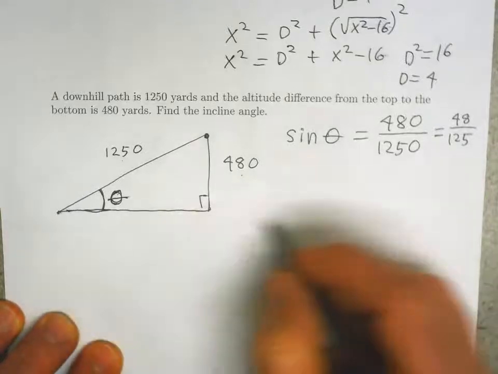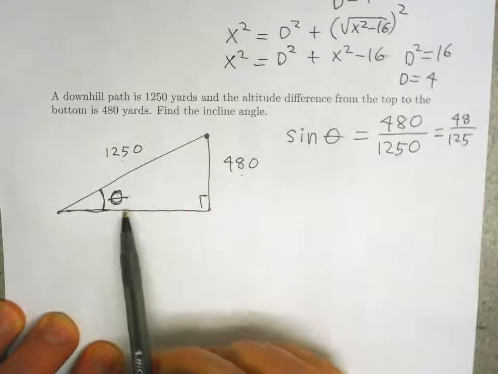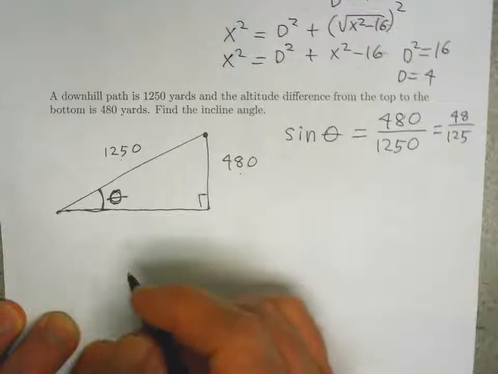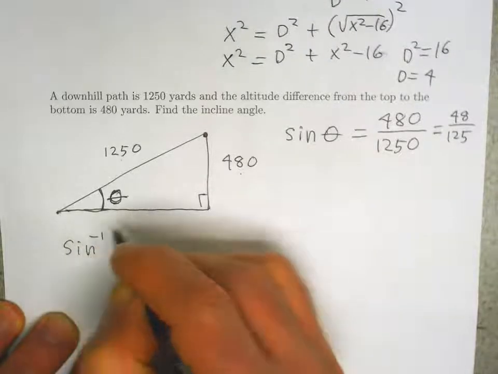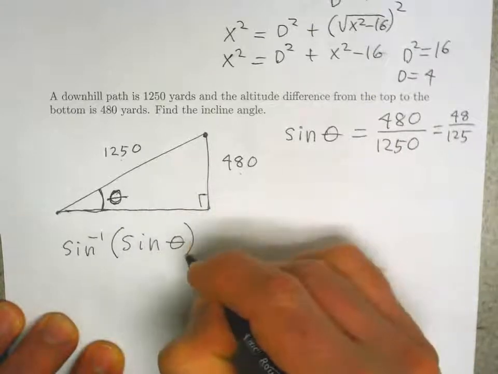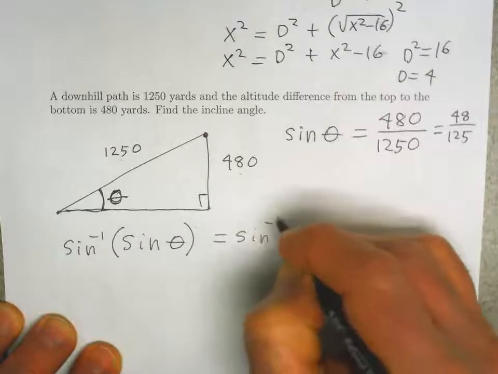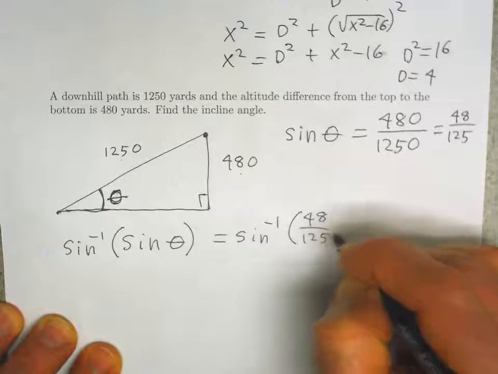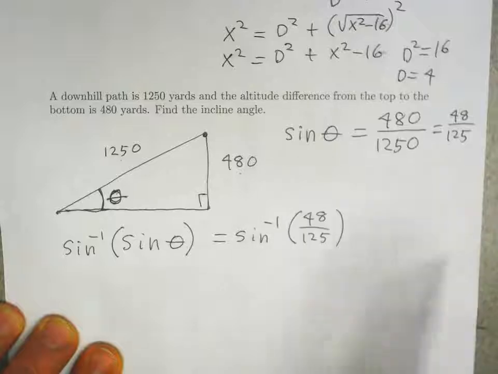And then the incline angle is between 0 and pi over 2. So the inverse sine of sine theta, or the inverse sine of 48 over 125, all I did was take the inverse sine of both sides of that equation.